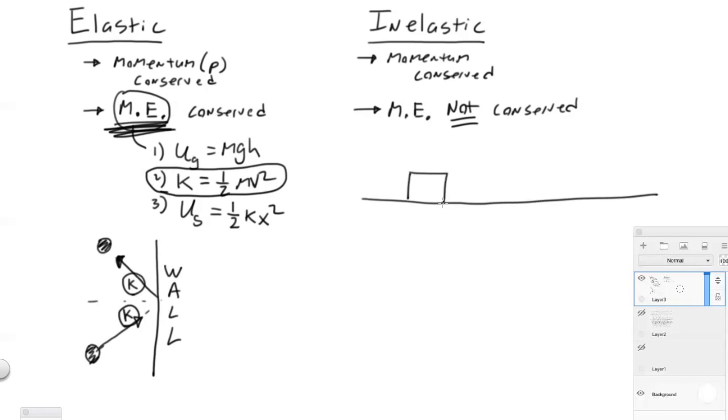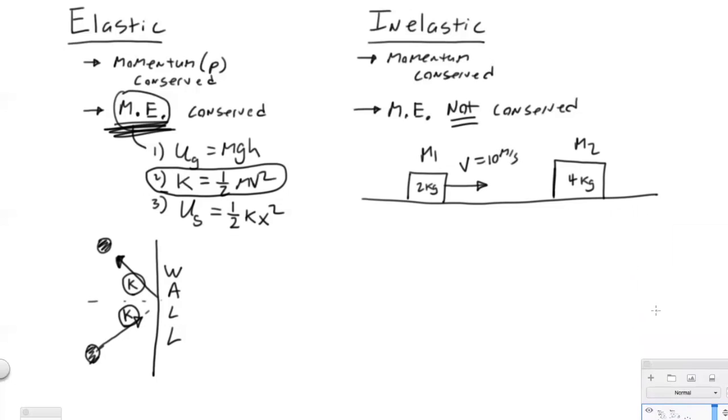So let's just look at inelastic. Here's a situation. Say we have a block, let's call this guy M1, and let's say that M1 is 2 kilograms. And then over here, we have a second bigger block. We'll call this guy M2, and we'll say that block is 4 kilograms, and say block 1 has a velocity of 10 meters per second.